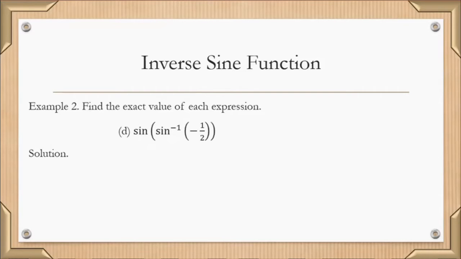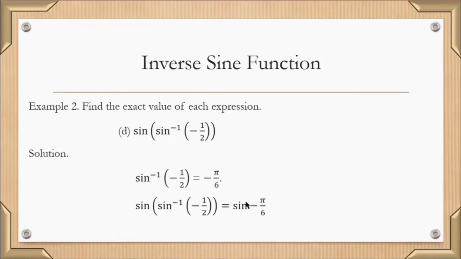Then, example 2 under D, we have the sine of inverse sine negative 1/2. Pag kinuha natin ang inverse sine of negative 1/2, that is negative pi over 6 or negative 30 degrees in degree measure. Then, substitute natin, instead na inverse sine negative 1/2, papalitan natin ng negative pi over 6.